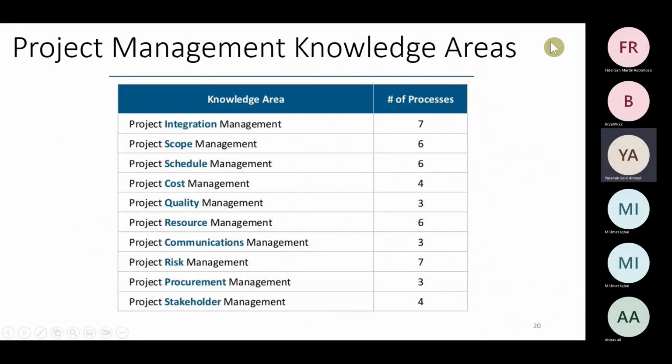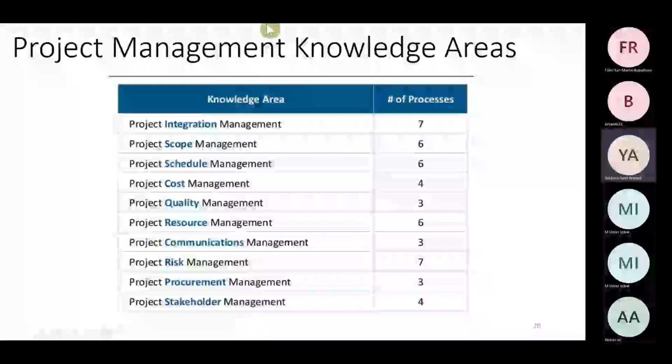Starting with integration management, which is one of the biggest amongst these 10 knowledge areas. Then we have scope management, schedule management, cost management, quality management, resource management, communication management, risk management, procurement management, and finally stakeholder management.